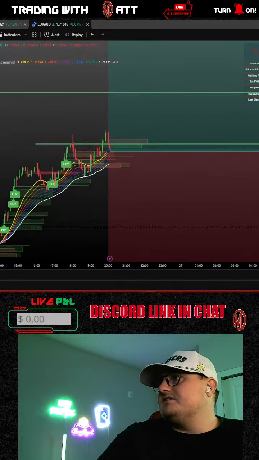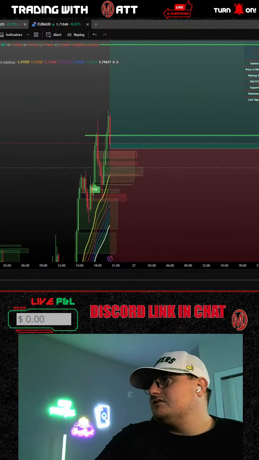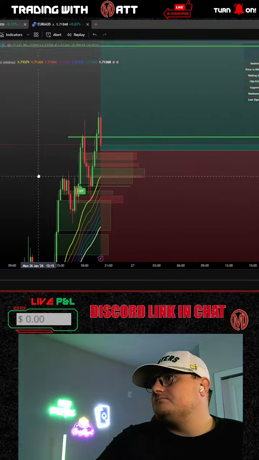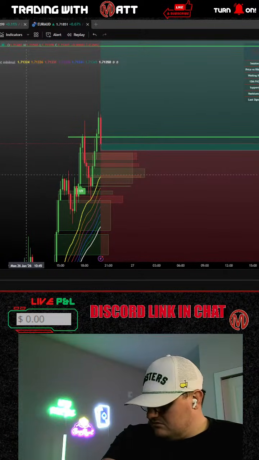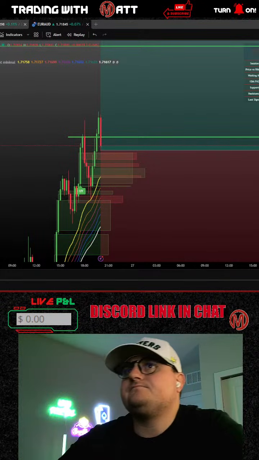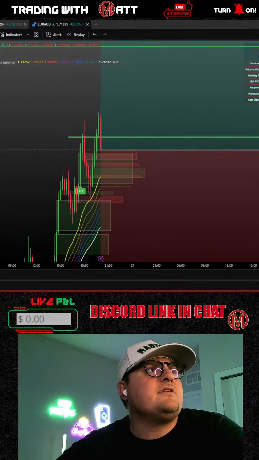This is the 5 minute that we're looking at right now. Even if we look at the 15, it just took a big old dump and flew through the body of the previous candle. This is why we wait though, guys. This is why we wait. There's no need to have a trigger finger on this.